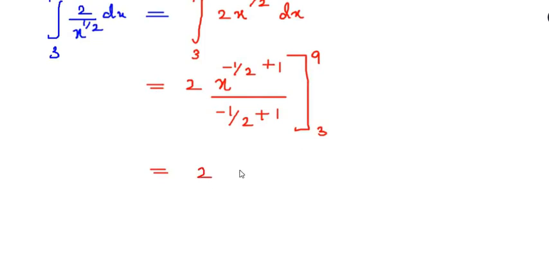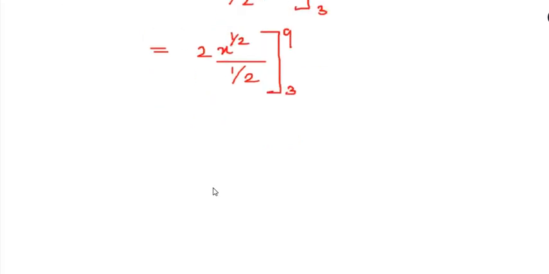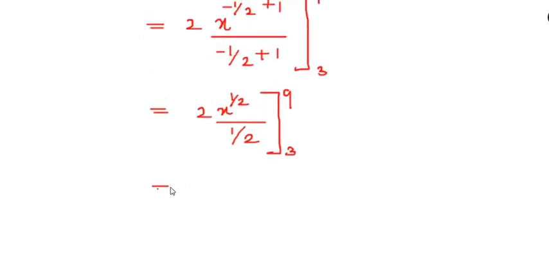So this becomes 2 times x to the power of half plus 1, which is half, divided by half, and this becomes 3 and 9. So 2 divided by half gives us 4. x to the power of half, then the limits will stay as 3 and 9.